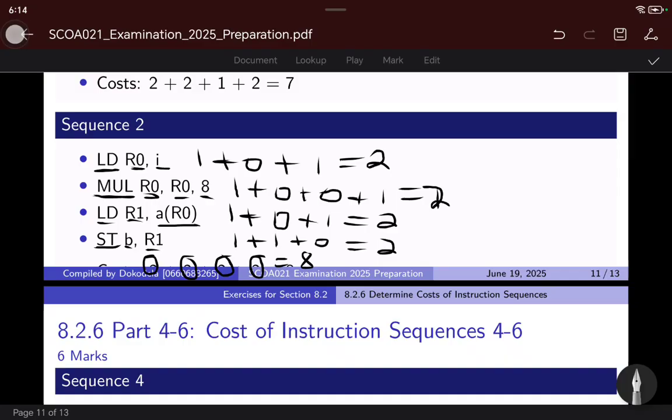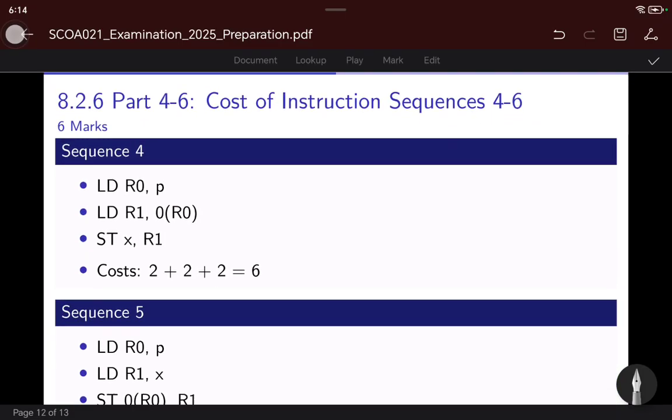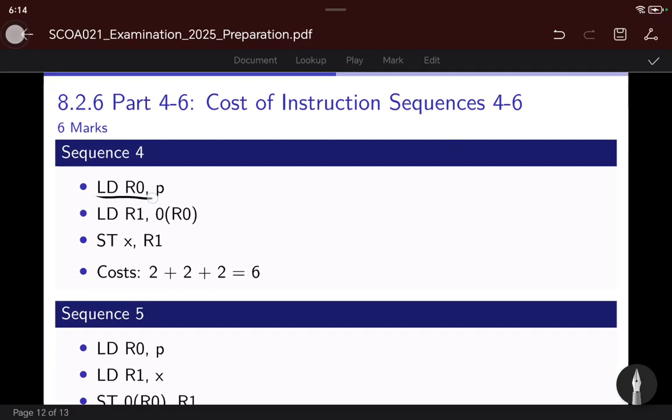Now we come to the last part. On the last part, let's say that we're given these instructions. The same thing, load P, this is 2. Load constant and register, 2. Load X, 2, this is going to be 6.